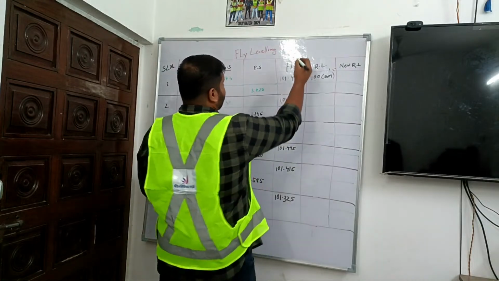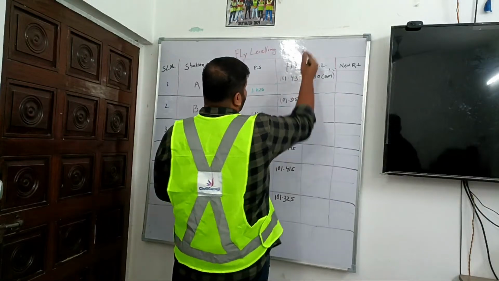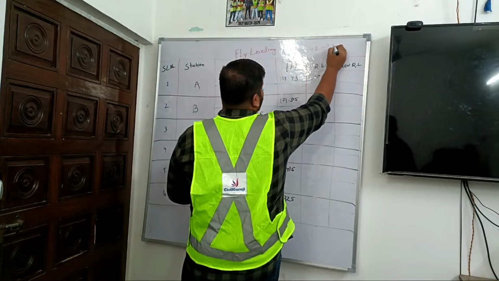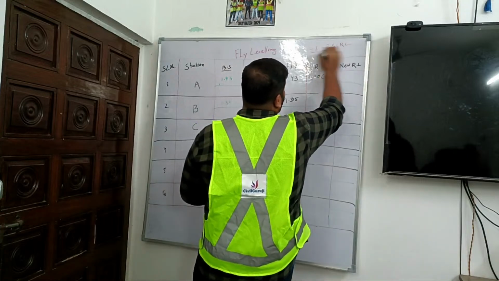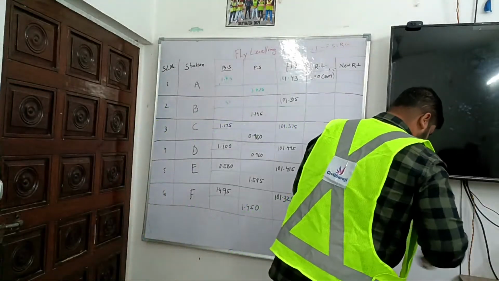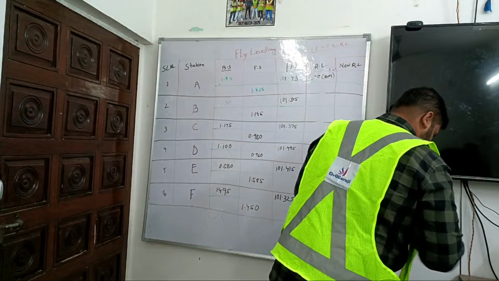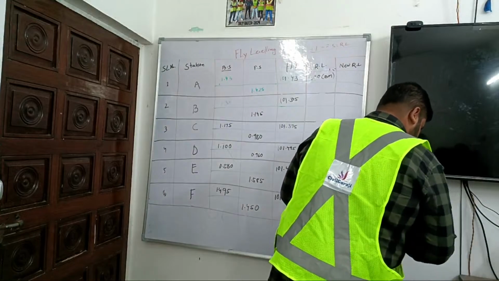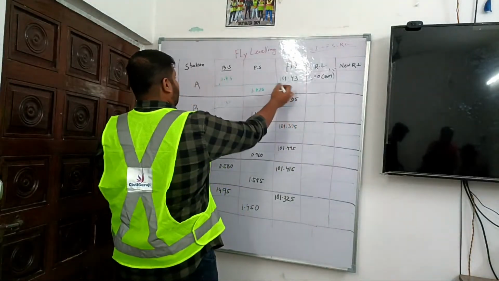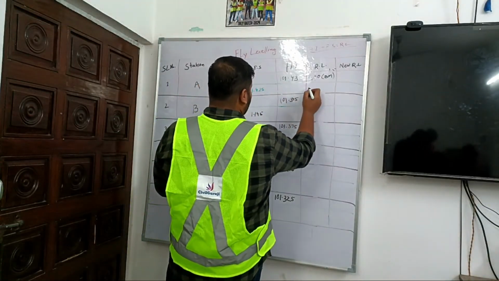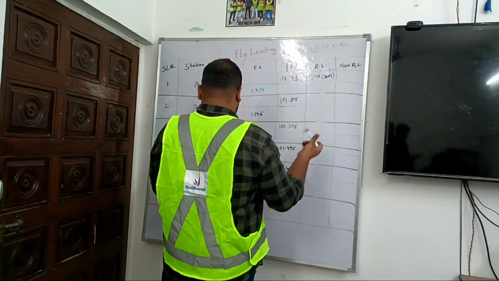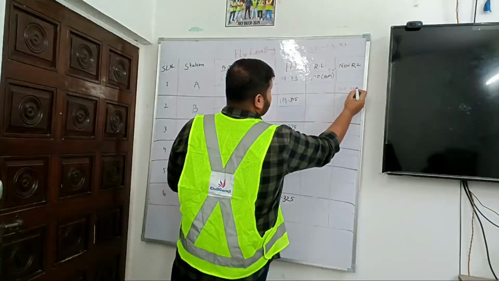So for calculating the RL, the formula will be HI, height of instrument, minus foresight, which will be our new RL, found RL. Okay. So here HI minus FS comes out to be 100.005.